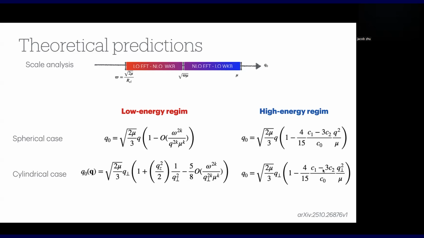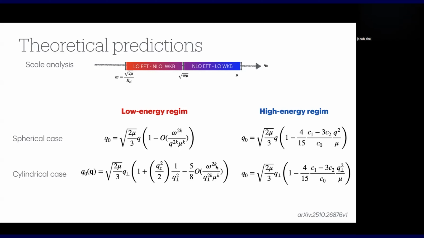So it's good that we don't see the geometry here. But in the low energy regime, it does depend on the potential. In particular, the longitudinal and transverse modes are separate now because the system is not isotropic, right? Because we are in the cylinder, again with a very suppressed correction here.